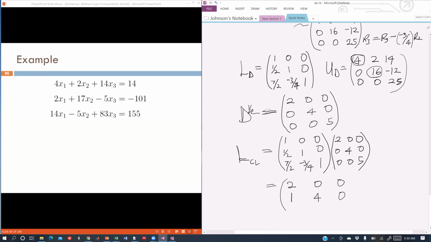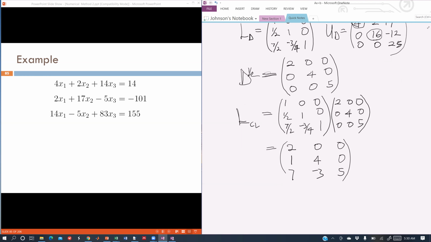Then row 3 times column 1 will give us 7. Row 3 times column 2 will give us minus 3. And row 3 times column 3 will give us 5. So if you look at this L, clearly it is the L of the Cholesky from before.